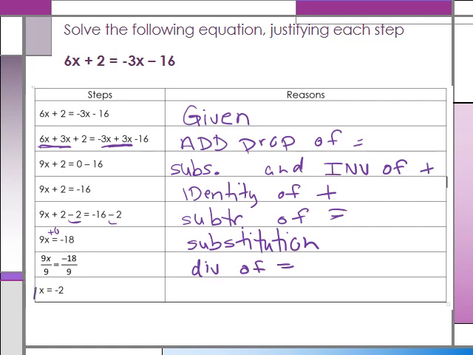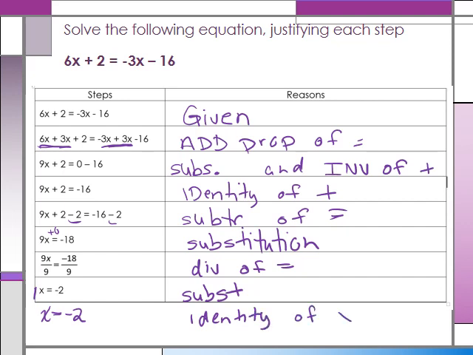We could actually say 1x equals negative 2, and that would be division. So actually, we can just say substitution with that. Okay, and then if we wanted to, we could say x equals negative 2, which would be identity of multiplication.